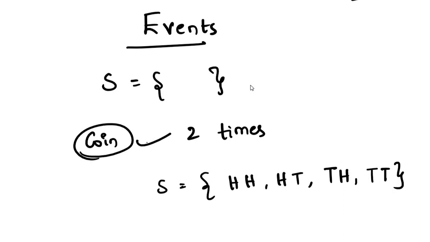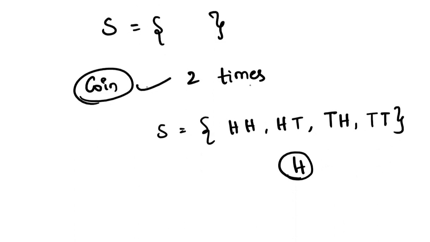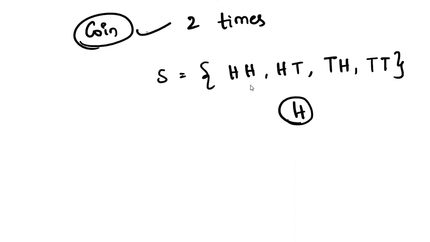Now suppose that we are interested in those outcomes which correspond to the occurrence of exactly one head. We find that HT and TH are the only elements of the sample space corresponding to this happening.